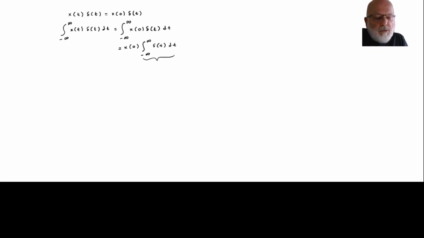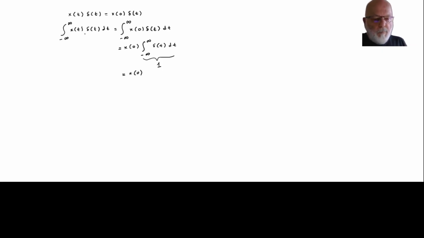Now this is equal to 1, and we get x of 0. Now this is the so-called sampling property of the impulse. That means the impulse samples the signal x of t at t equal to 0, at the instant where the impulse strikes.